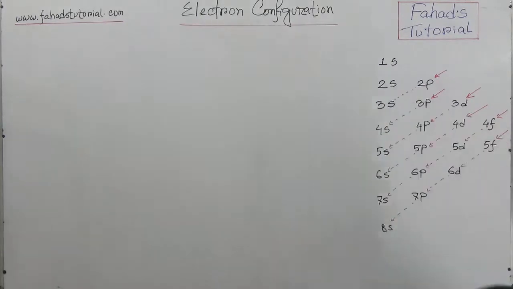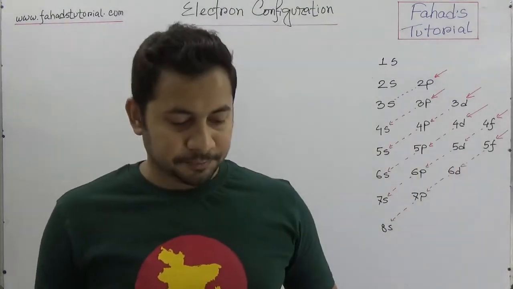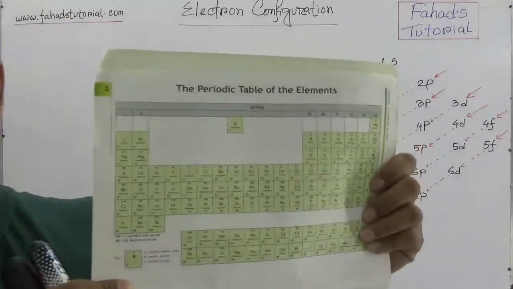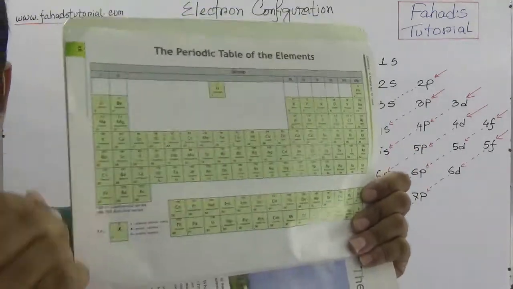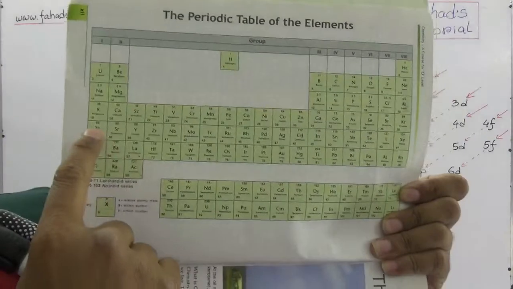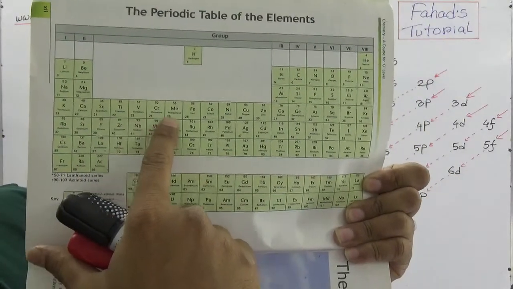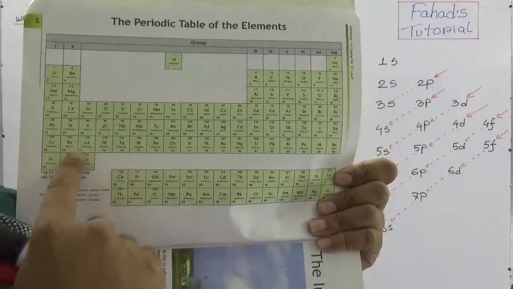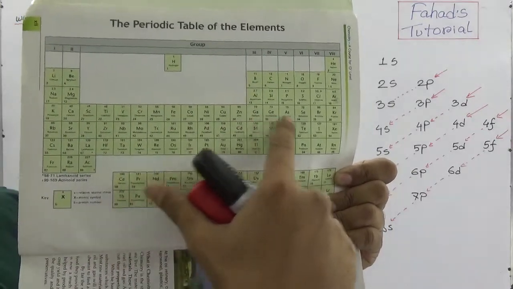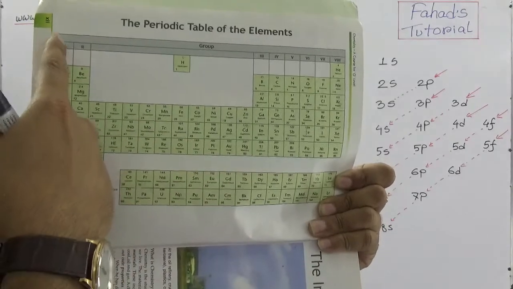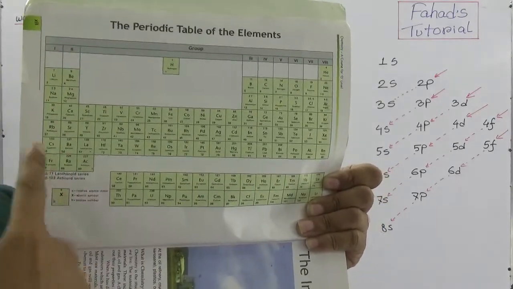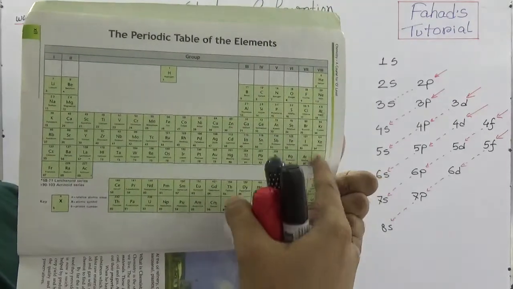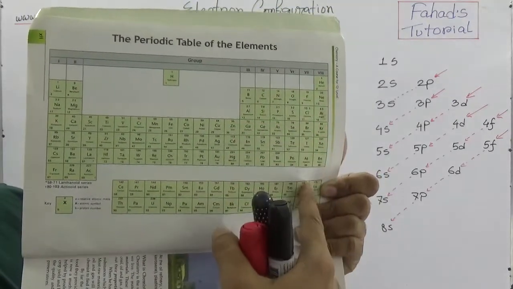If you see this periodic table, we know that there are 118 elements, and each and every element has a specific proton number, and based on these proton numbers they are placed in specific positions of the periodic table. This is group 1, this is group 2, and it goes on until group number 18, which is the inert gases.